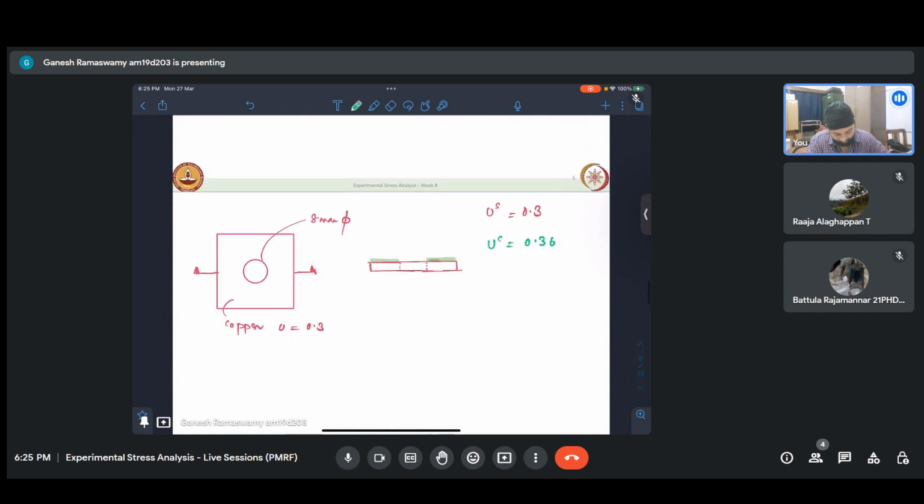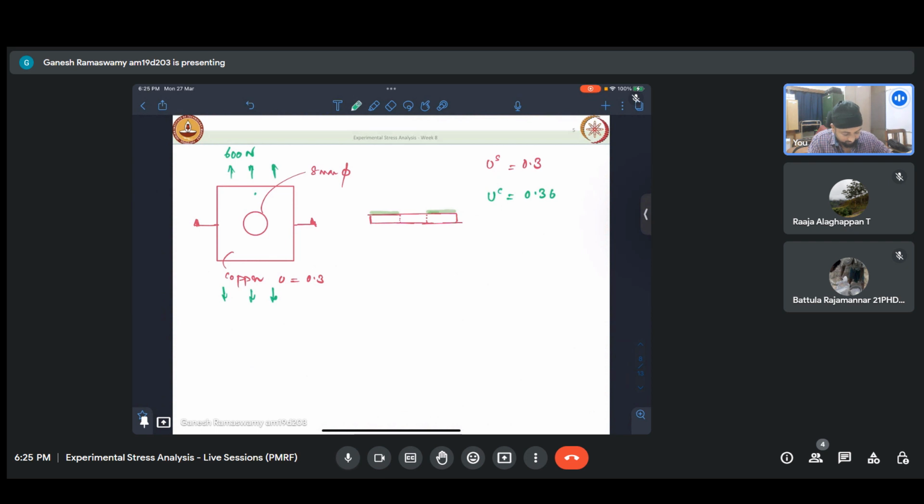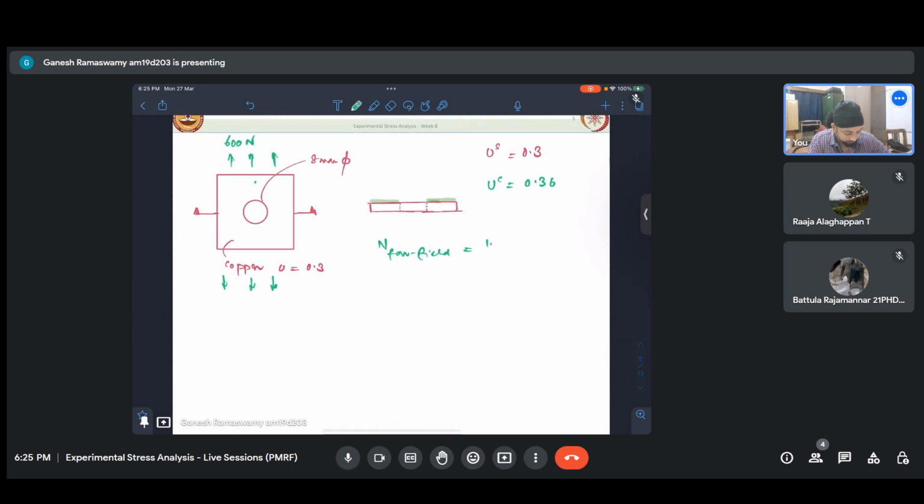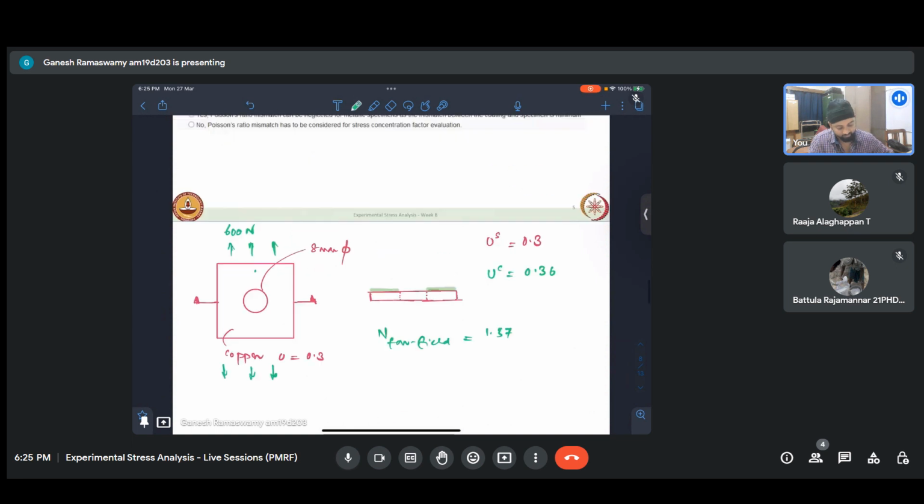So when this was loaded with a load of 600 Newton, the far field fringe order in the coating was found to be 1.57, is what is given.